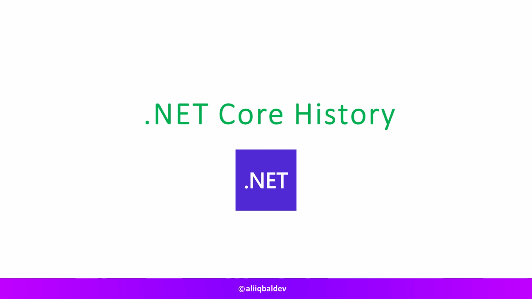Microsoft provided support for this version until December 2022. .NET Core 3.1 was a very commonly used version, mostly because of its LTS status. Many organizations kept their software running on this version for quite a long time.